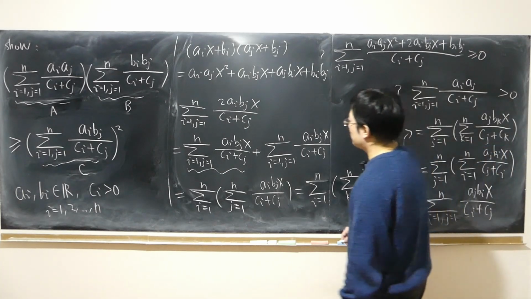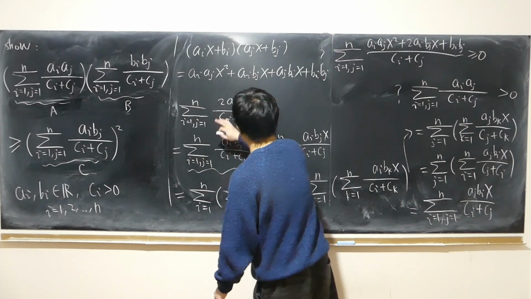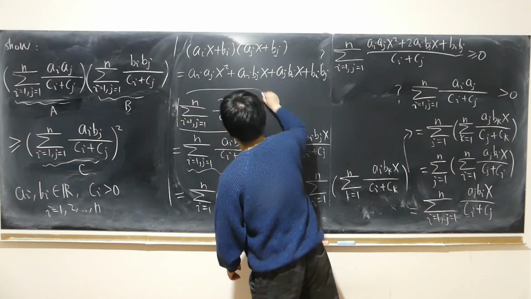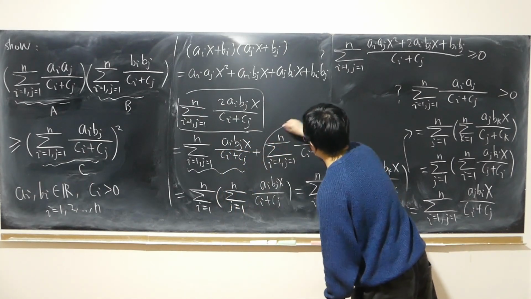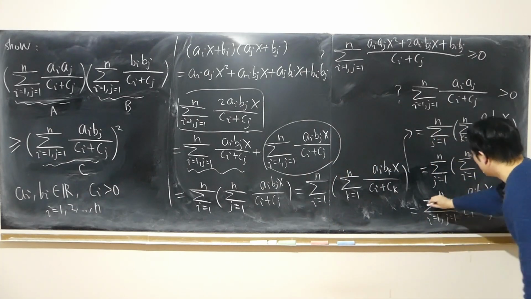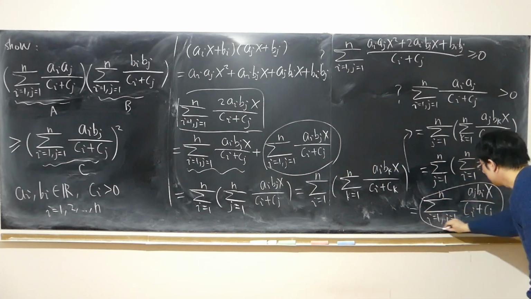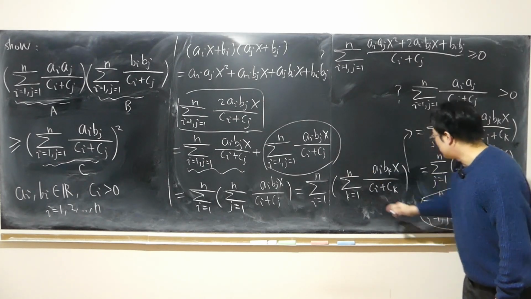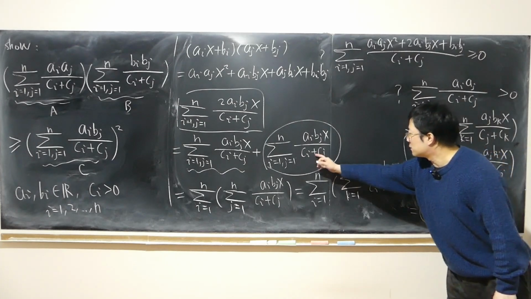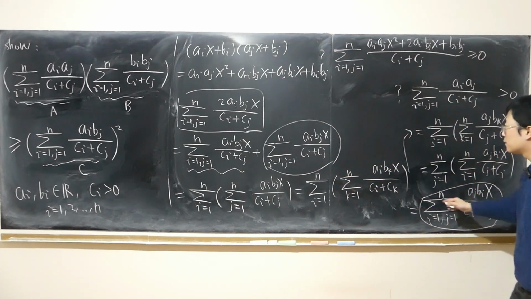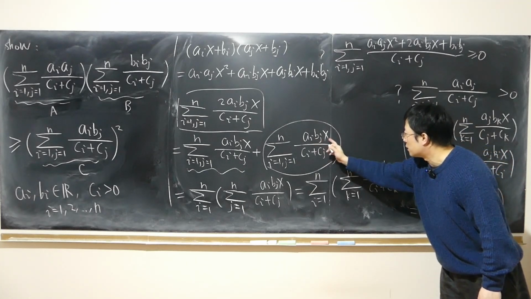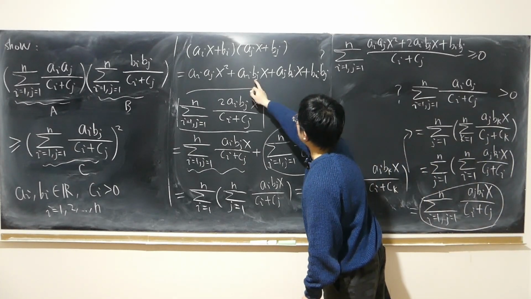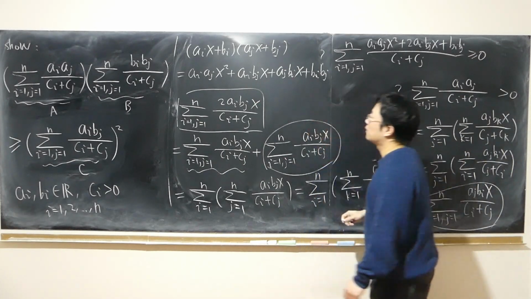So eventually, like I said, the first sum is exactly that. Therefore, this sum is equal to this plus that. So what does that tell us? Double sum, double sum, same denominator, numerator ai bj x, aj bi x, same thing.